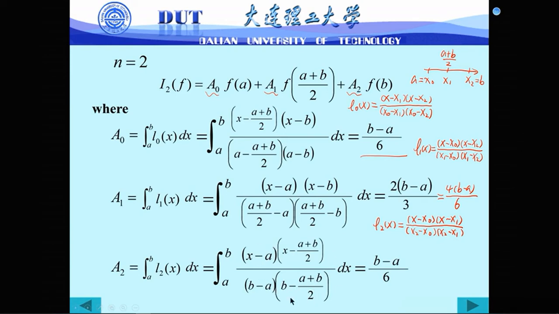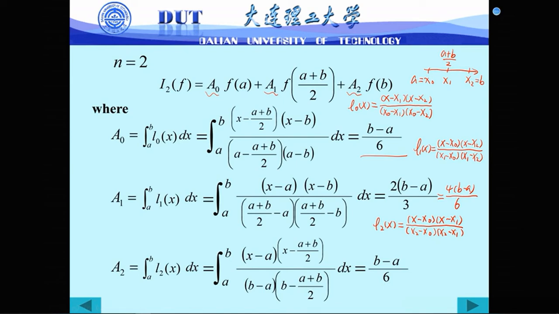We obtain this quadratic polynomial, and I also ask you to practice the integral. The integral of this function is (b minus a) over 6, equal to a0.